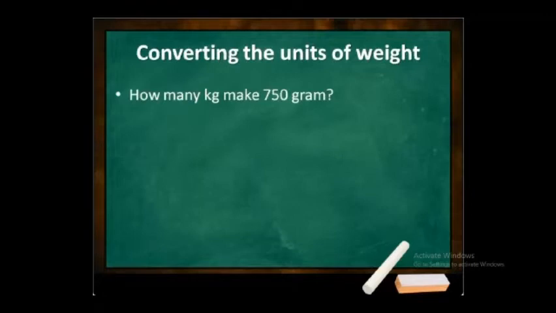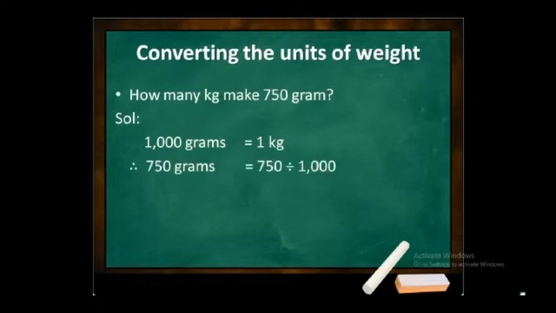Now how many kilograms make 750 grams? 1000 grams is equal to 1 kg. 750 grams is equal to 750 divided by 1000. Now we'll divide it.